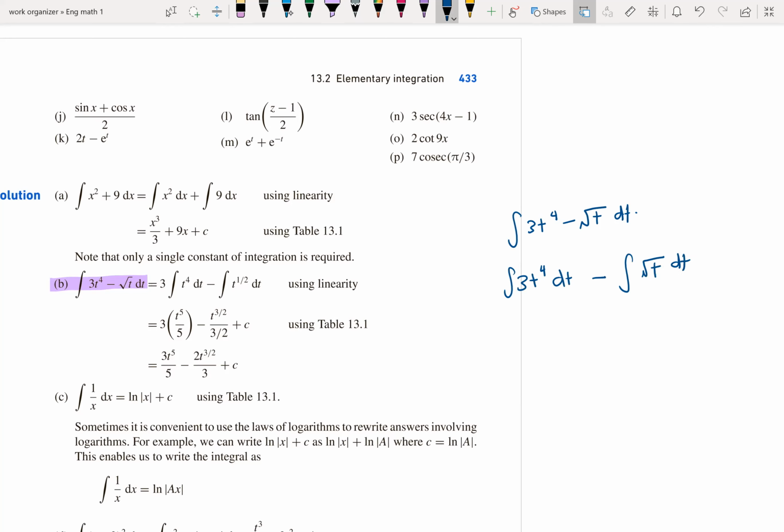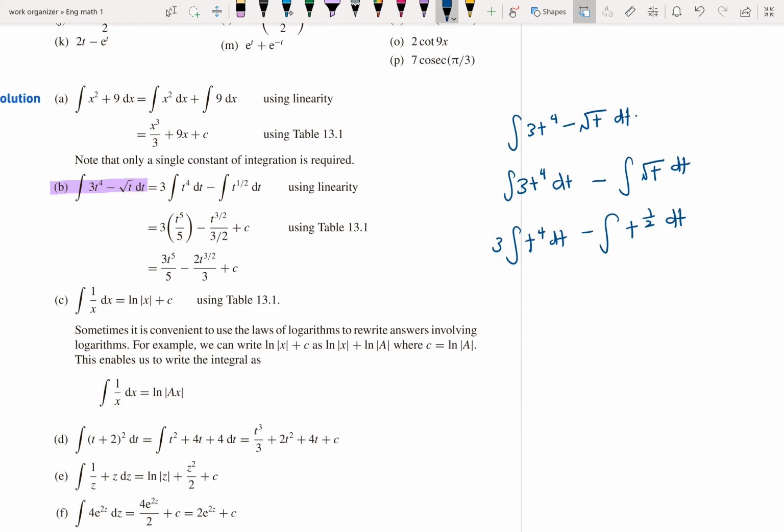We can put the constant outside, and for this one we just convert the square root into the power of 1/2. Now, based on the table, this one will be t to the power of 5 over 5, and then write 3, and then this one will be t to the 1/2 plus 1 over 1/2 plus 1.